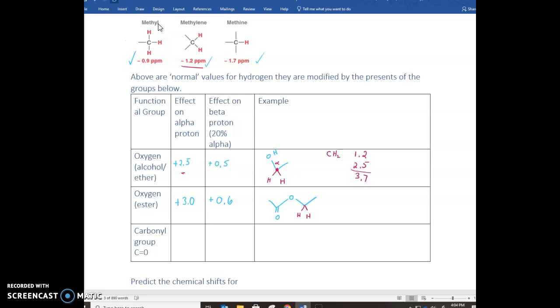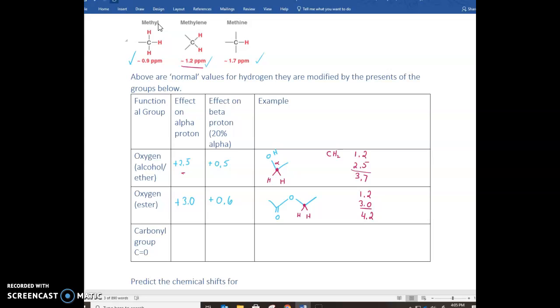These are methylene, and so we'd expect them to be at 1.2. However, because this carbon is right next to this ester, we'll have to add 3 to it. And we'll expect to see this one at 4.2. The actual chemical shift is 4.1. So this is an estimate, but it's a pretty good one.